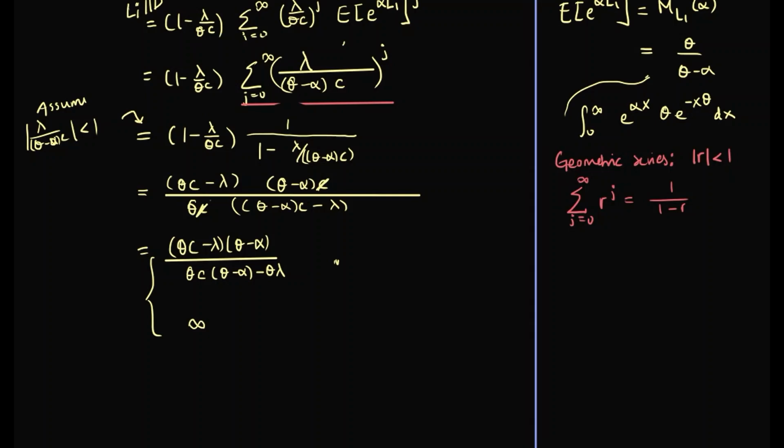If it isn't, then the moment generating function is infinite. So let us take a closer look at the condition that whatever is inside here should be numerically smaller than 1.